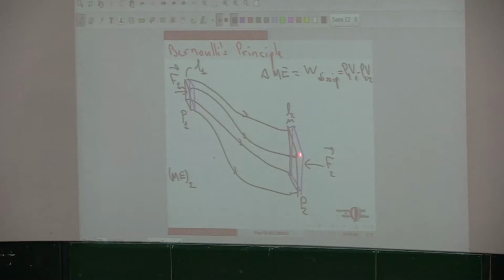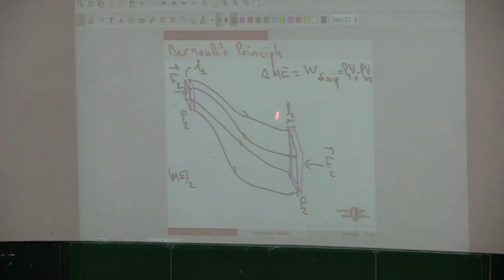Because now I have some mass over here, and I don't have the mass over here. Now the mass over here contributes some positive mechanical energy, because I have mass over there. And the mechanical energy of my system has been reduced over here because I have less mass over there.